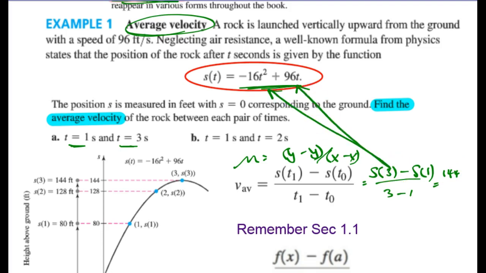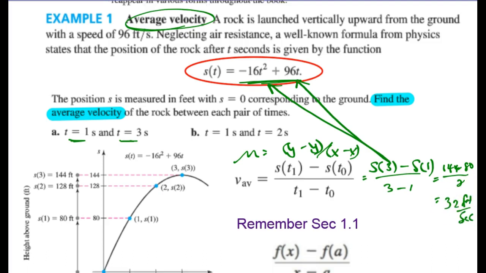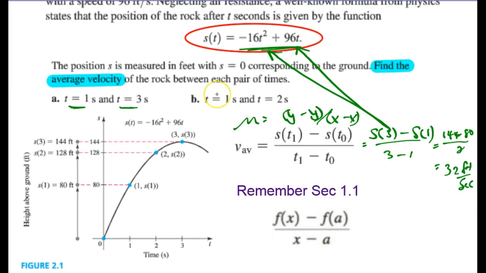And if you evaluate that on a calculator, by plugging the 3 in, you'll get 144 minus 80 all over 2, which is around 32 feet per second. And you could repeat this process for part B, which is between 1 and 2 seconds. So again, I change it to f at x minus f of a because this is the general equation that we've always used.